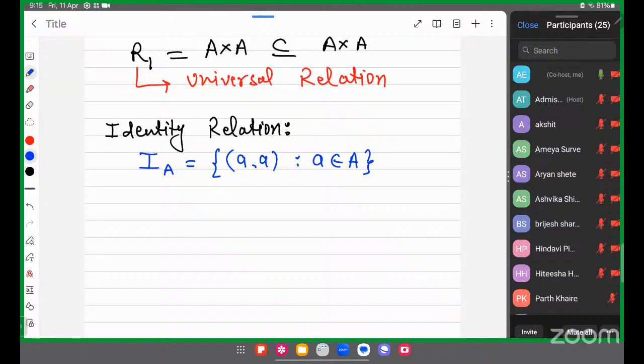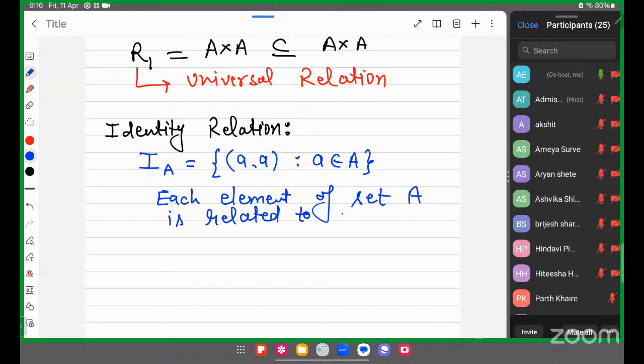In the form of words, we state it as: a relation will be an identity relation if each element of set A is related to itself only.